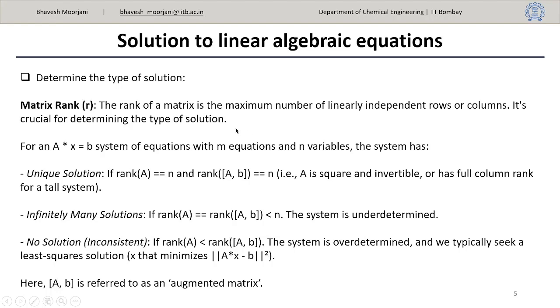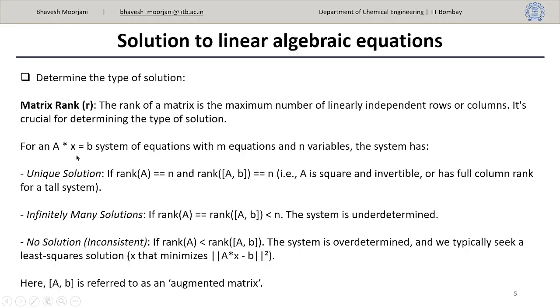So we defined in matrix algebra something called the rank of a matrix, and that gives the maximum number of linearly independent rows or columns. Now, based on the rank of the matrix, you decide whether your system of equations will have a unique solution, infinitely many solutions, or no solution.